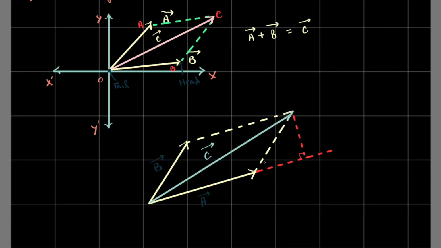Okay, so what do you think the magnitude, the length of this line, will be? It will be the same as B vector, right? It will be the same because it's a parallelogram. And in parallelograms, the opposite sides have equal lengths. So can we say that the magnitude of this line is the same as that of B vector?